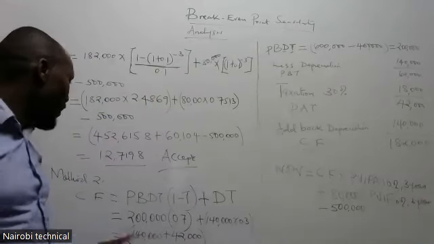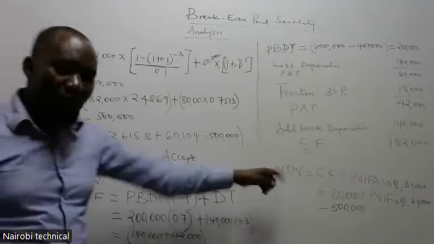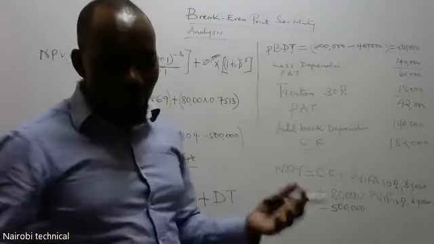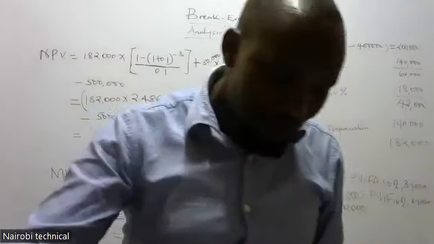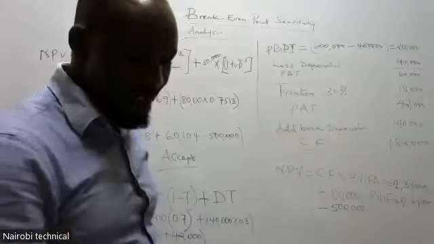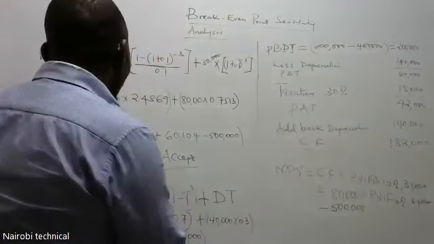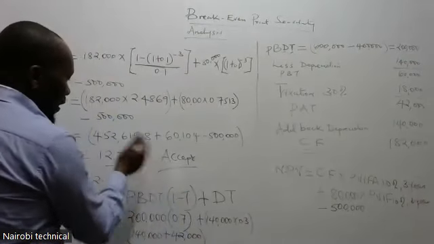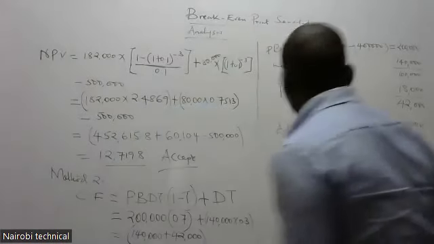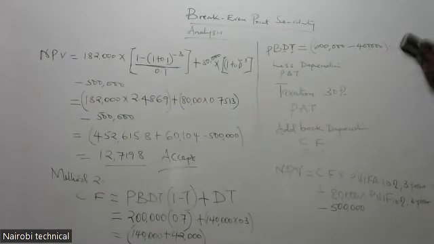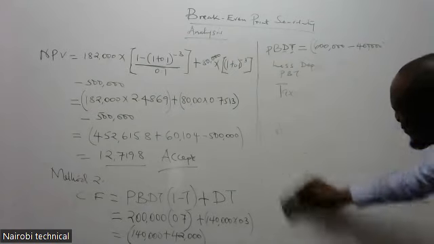So now we know how to get the cash flow, and we have our cash flow there. Now let's do our sensitivity analysis. What does this mean? Profit before tax and depreciation. What does it mean? You remember how we got it?